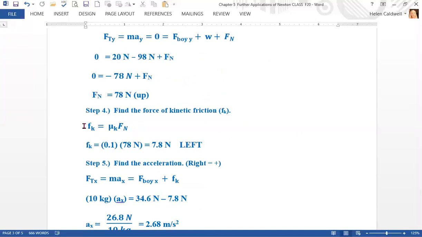Mu sub k was 0.1. F sub n is 78 newtons. We just found that. So 78 times 0.1 is 7.8. It's measured in newtons, and it goes left. How do I know that? I look at the free body diagram.